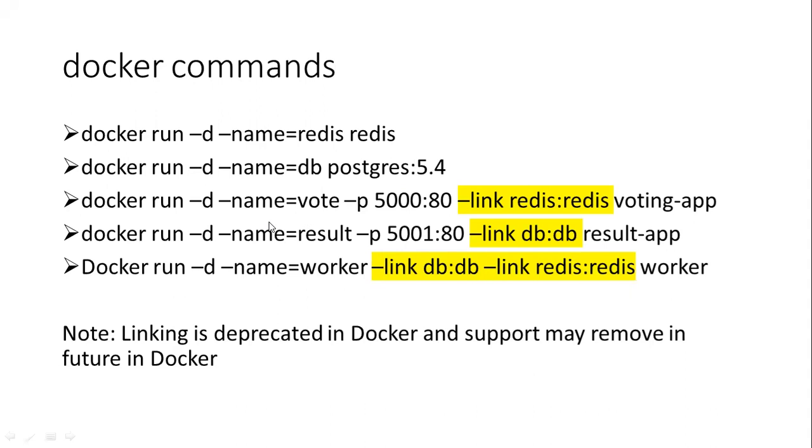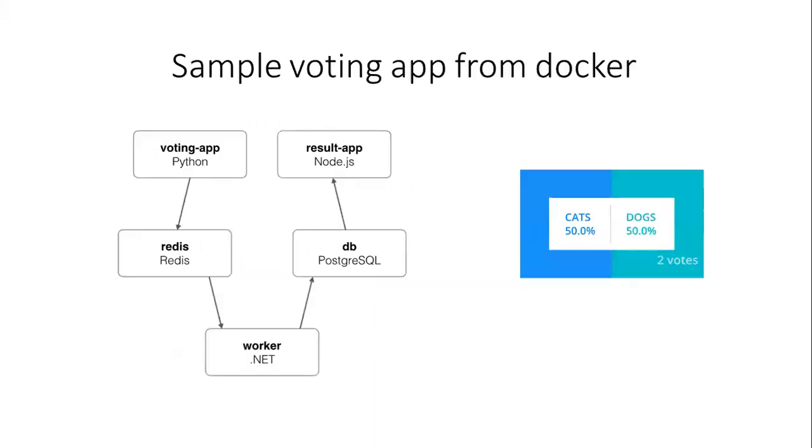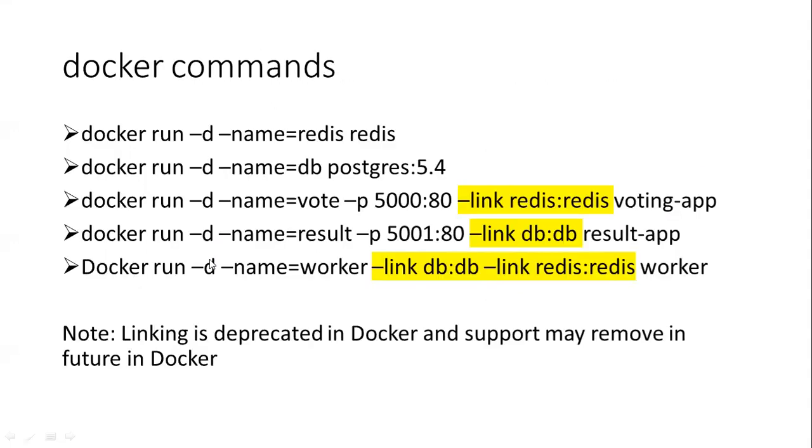You have to run one more container using the image called voting app. While doing that, you have to link this with your Redis. Why? Because this voting app has to have a link with Redis. So we're following the same approach.